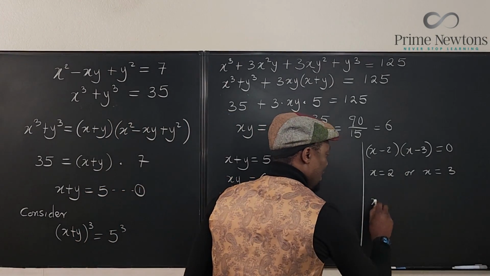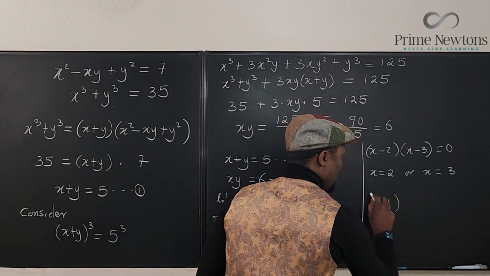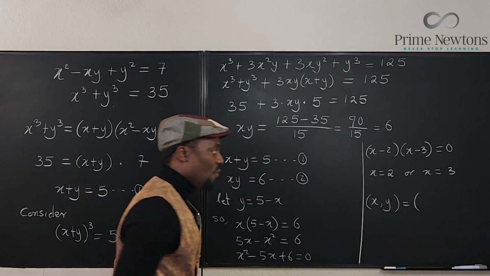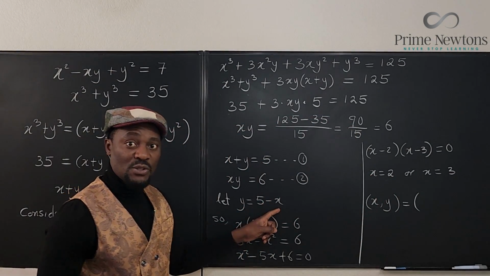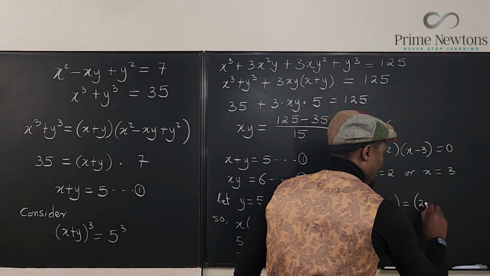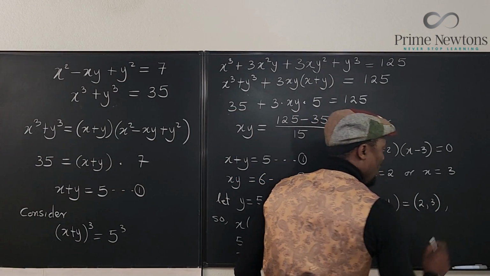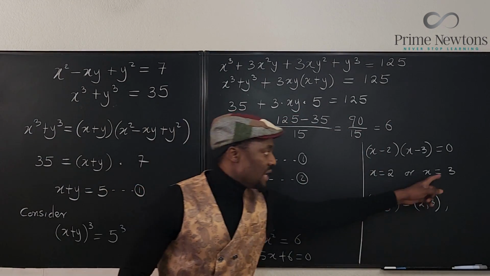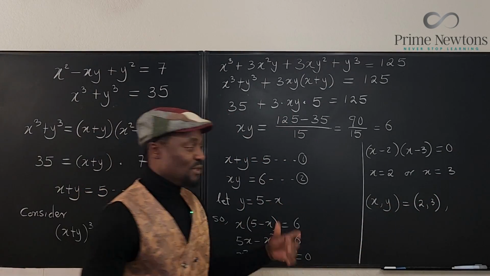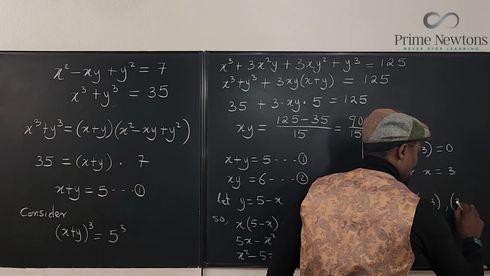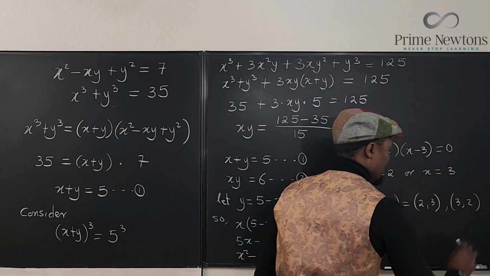So the set of solutions is: when x is 2, y is 3, or when x equals 3, y is 5 minus 3, which is 2. So it's going to be (2, 3) or (3, 2).